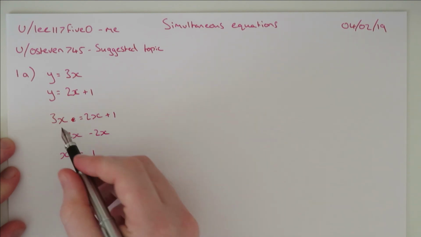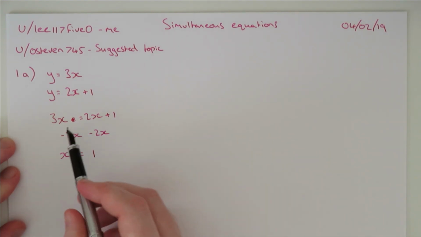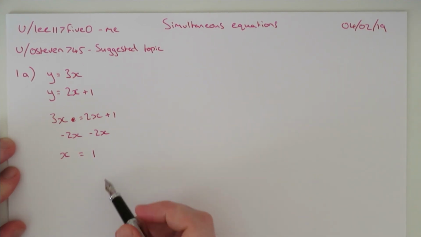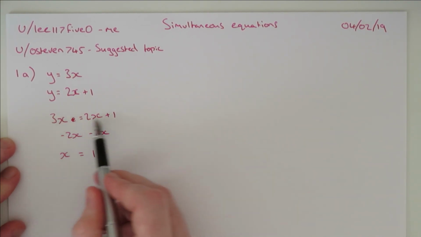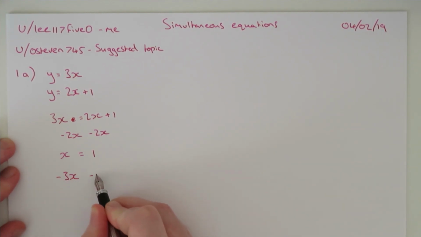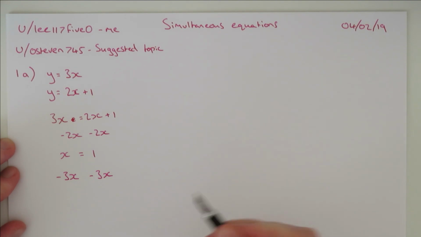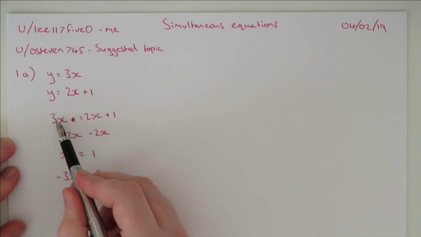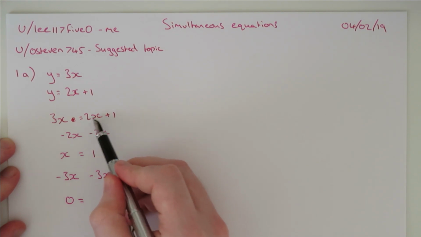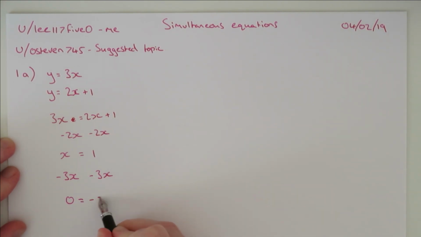Now some people aren't very confident with deciding what way you're moving things. So with this example here, if you decided to subtract 3x off both sides, it would still work. This side here would be 3x minus 3x, which is 0. This side would be 2x minus 3x, which is minus x, and then the plus 1.